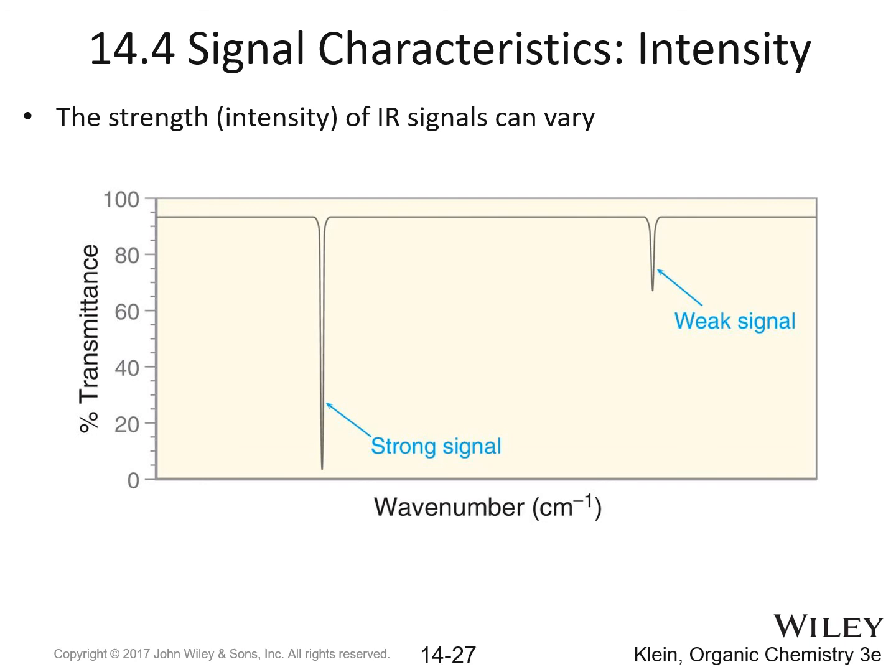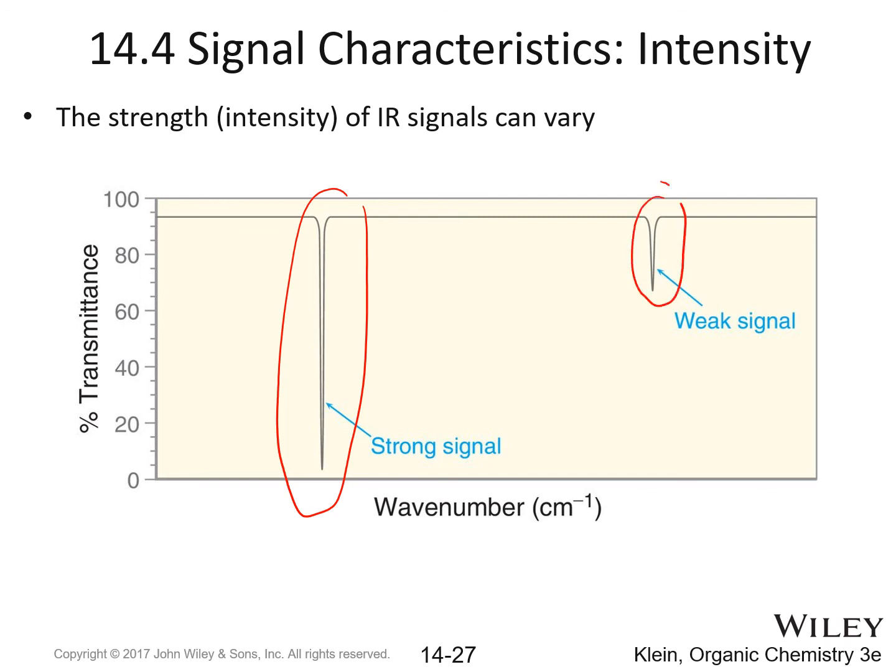Now that we understand the wave number analysis, like where on the x-axis our peaks will be based on conjugation, based on bond type, based on hybridization, we're now going to look at the intensity of a peak. So, for example, we have a very intense peak, which is a strong signal, versus a very weak signal.